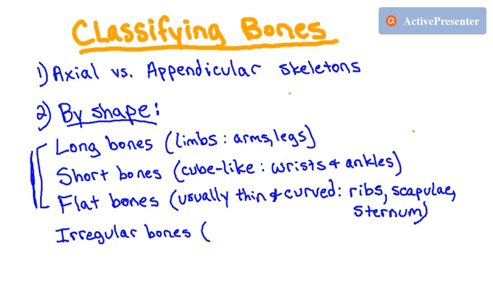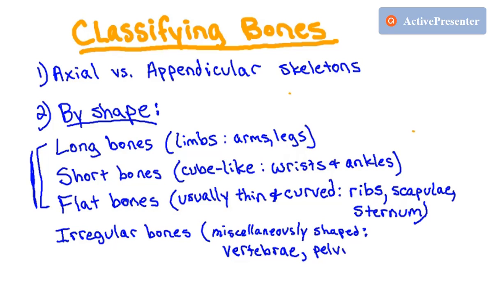They're irregularly shaped, so kind of miscellaneously shaped. So you're really weirdly shaped bones. Vertebrae are going to be irregularly shaped bones, and your pelvis, that's an irregularly shaped bone.